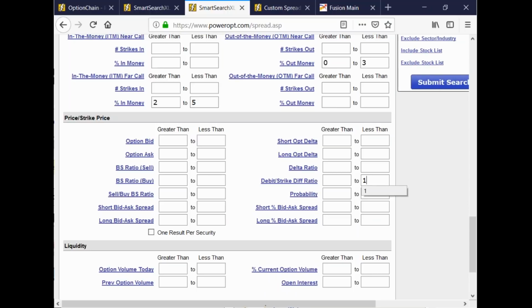Because if SPY suddenly shoots up beyond my short call and I get assigned early and the broker exercises my long to deliver the short, if my net debit was higher than the difference in strike prices, I will be at a loss. The return we see here on Power Options is based on the Black-Scholes pricing model of where the long call price will remain at short option expiration. I'll illustrate that for you in a moment.